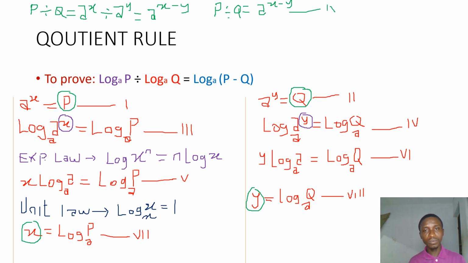So what are we doing in equation 9? As usual, we'll take logarithm on both sides. So we take logarithm on both sides, we have log p divided by log q equal to, don't forget we are taking it on both sides, log a raised to the power of x minus y.